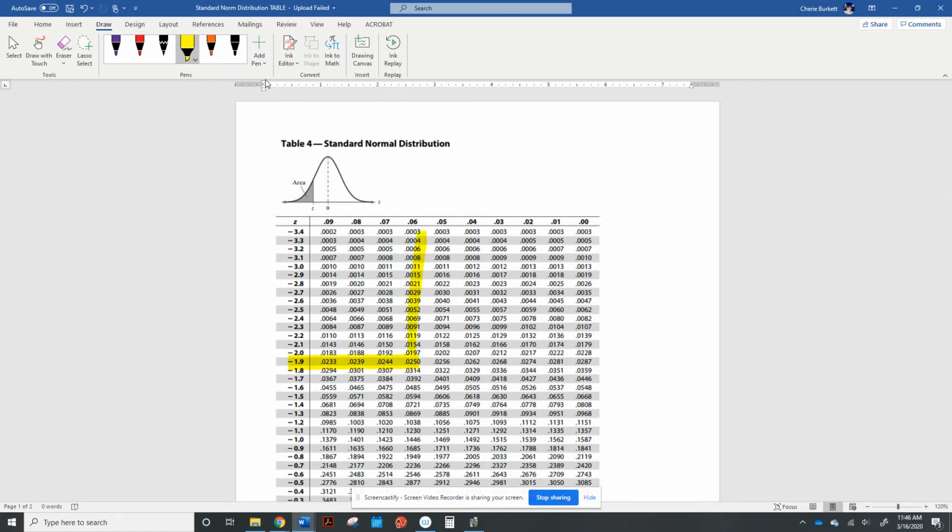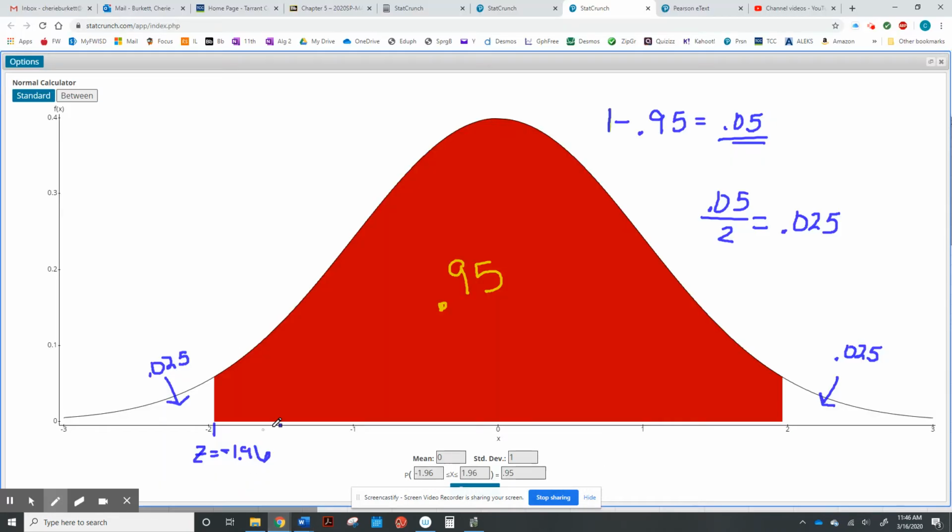Okay, there we go. So the z-score is negative 1.96. Okay, so that's that area over there. So if we run back real quick and look at StatCrunch, what about this z-score over here? What if you wanted to find that one? Okay, well, what do we need? We need the area to the left.